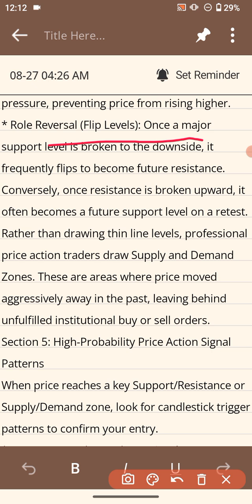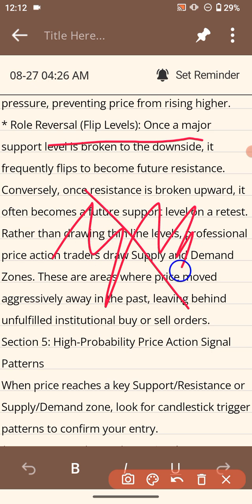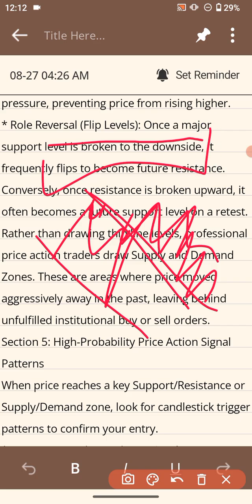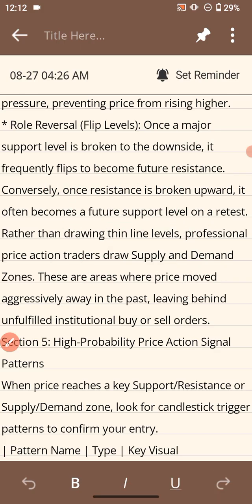So that is telling us that if you drew a line like this, it can break and become another line. If this was a support, it could break and become a resistance. So instead of using this line to graph your support and resistance, you can use the box to do a supply and demand analysis for a proper trading analysis.